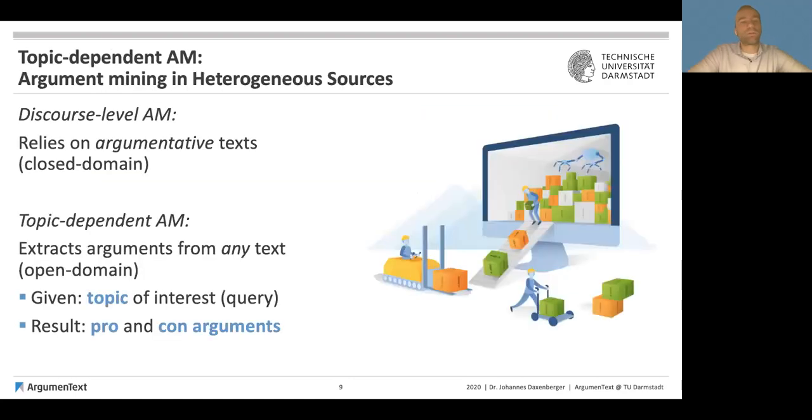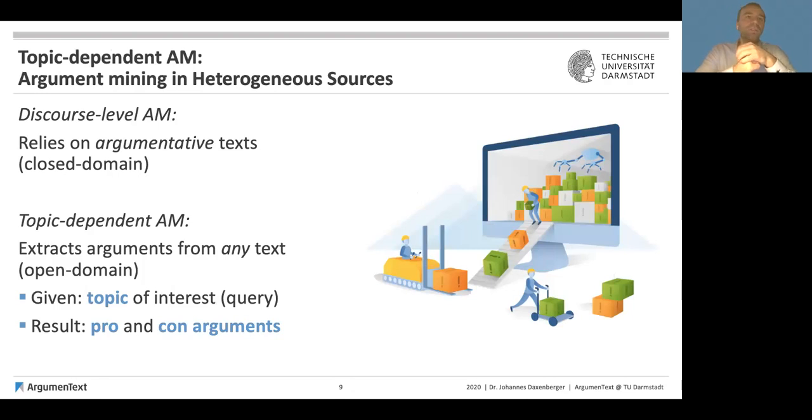Okay, now let's turn to topic-dependent argument mining. So argument mining in heterogeneous sources. The problem with discourse-level argument mining is that it relies on argumentative text. So as I've shown on the previous slides, the assumption is that you actually have some sort of an argumentative structure in your text.